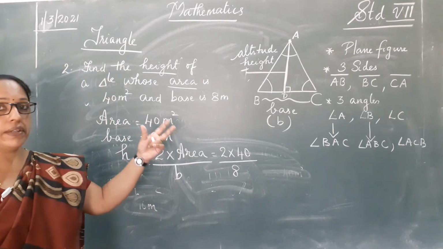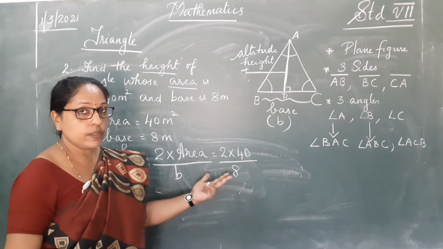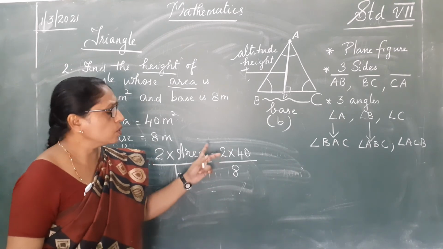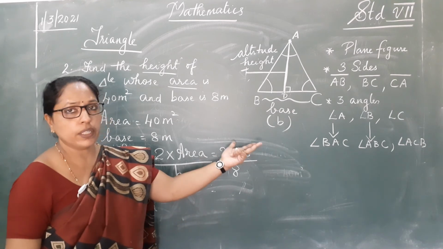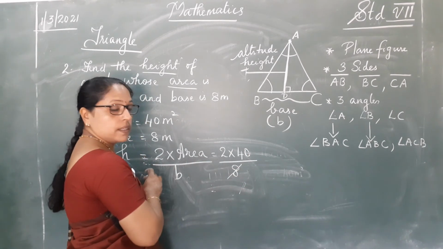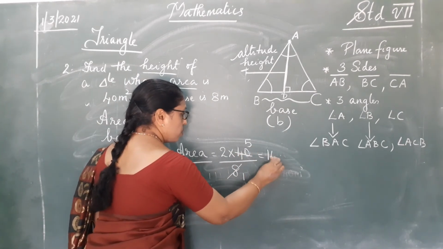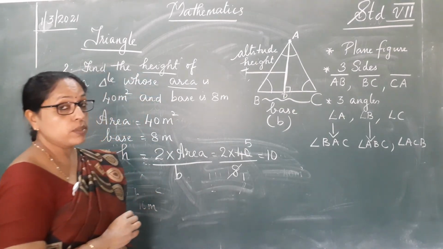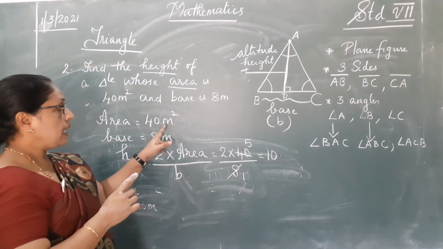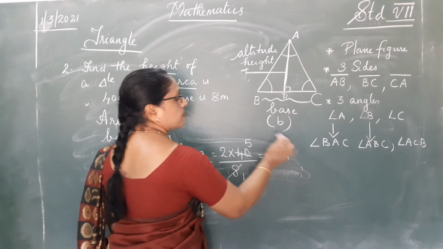Look at the numerator and denominator. Can we simplify it? 8 and 40, how many times? 5 times. So 5 into 2, 5 twos are 10. What's the unit? Area in meter square, base in meter, so it is in meter.